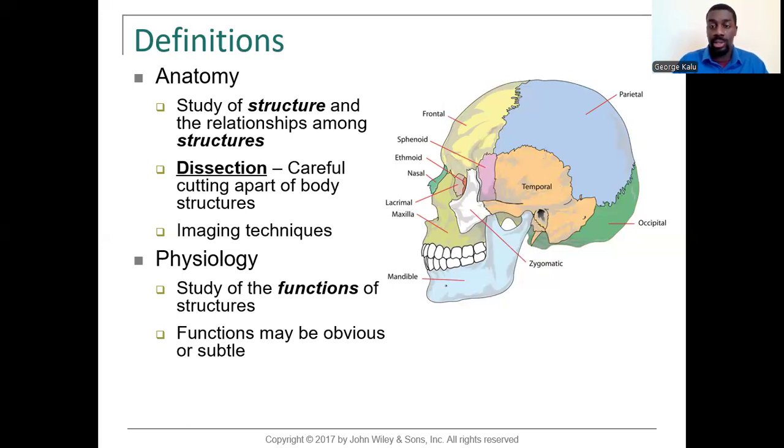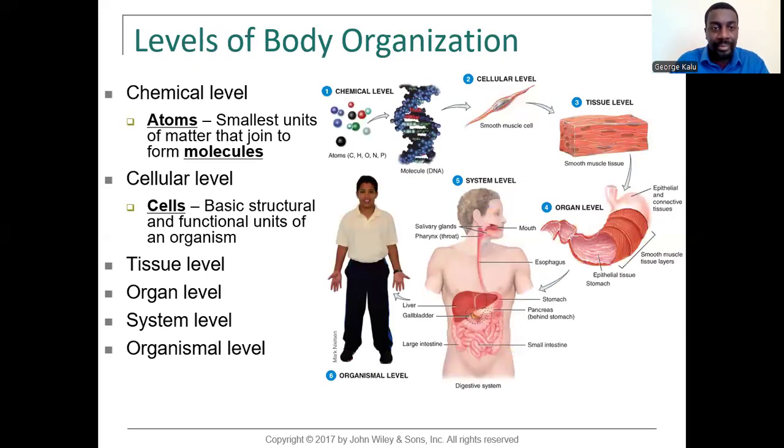Why do they work the way they do? What is it that they do? And so the main function of the skull as a whole is to protect the brain. And so those would be pretty simplistic explanations of anatomy and physiology, but obviously these can get a lot more nitty-gritty, and we'll explore that as the semester goes on.